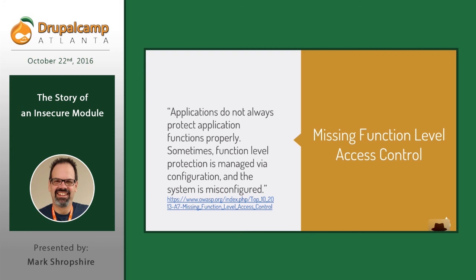So, missing functional level access control. Again, this kind of goes back to system security misconfigurations. We'll see some examples with hook menu, which I think is a pretty good example. But even just setting permissions correctly. One of the things that I like to do in an audit is take a look at the roles in a Drupal site, take a look at the permissions.